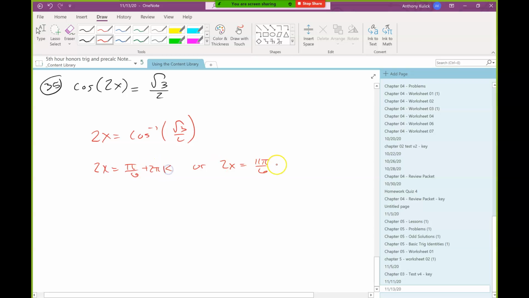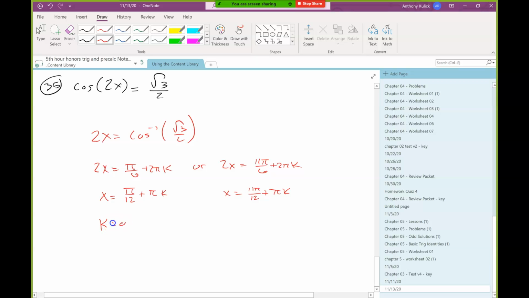So I'm going to do that plus 2 pi k here right now. And when I divide both sides by 2, I divide the 2 from both the angle measure and also from that piece that's giving me the coterminal part. So those go down to pi k.